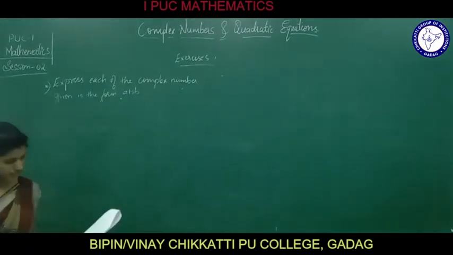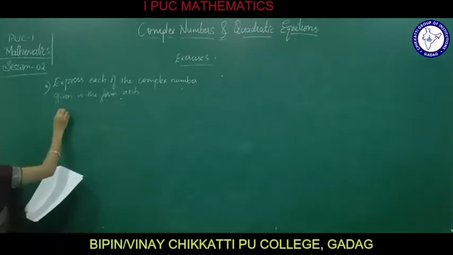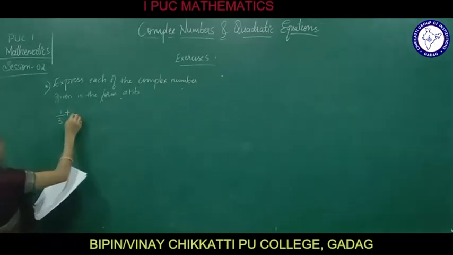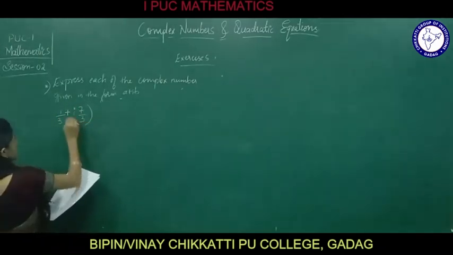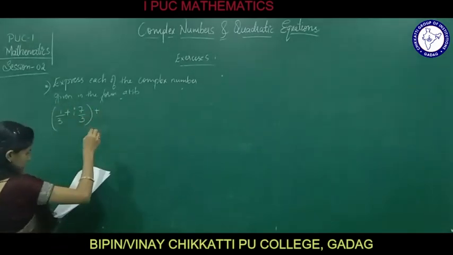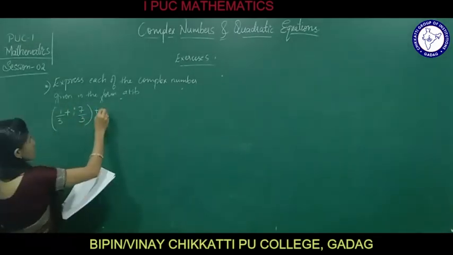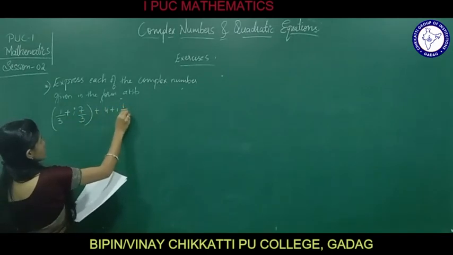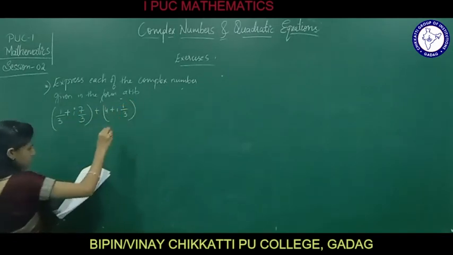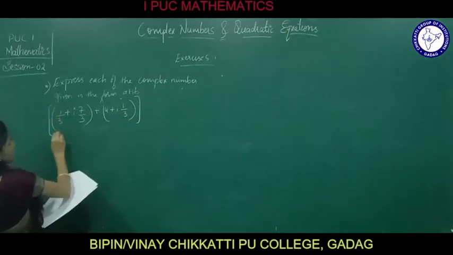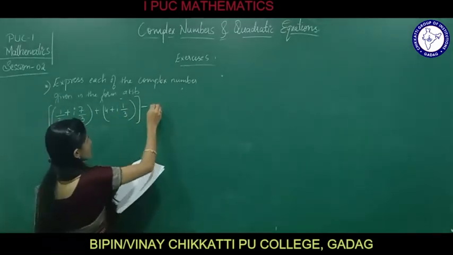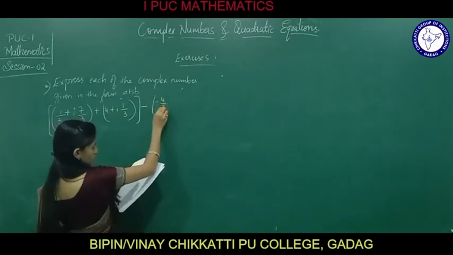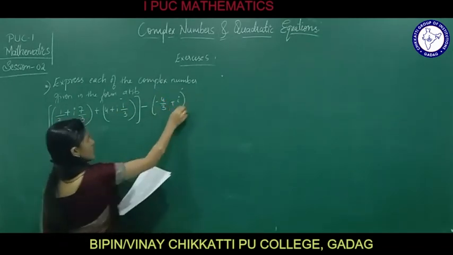That is what they have given, 1 by 3 plus i into 7 by 3, plus 4 plus i into 1 by 3, from here minus, minus 4 by 3 plus i.